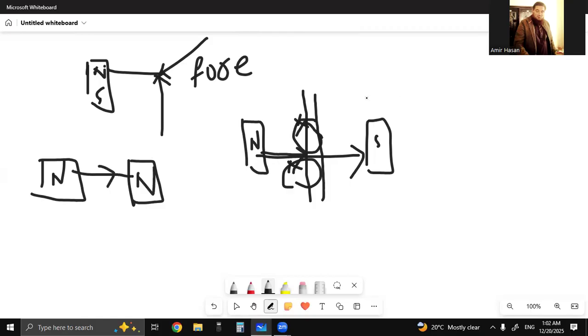Similarly, a charged particle moving in a coil produces a magnetic field, and there is also an external magnetic field.